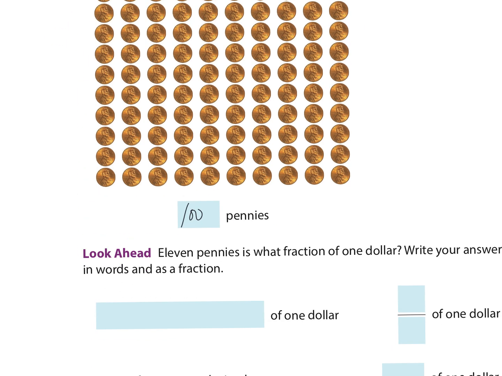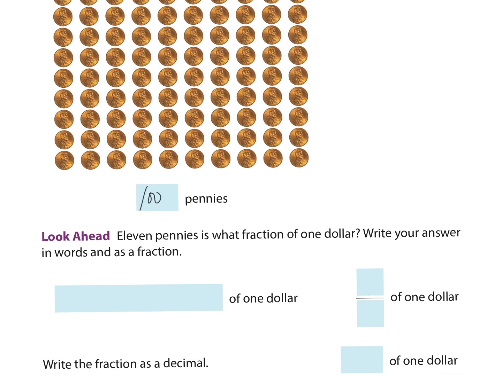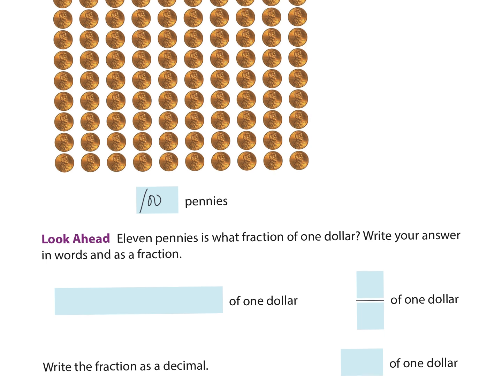And then it says 11 pennies would be what fraction of a dollar? Well, 11 pennies would be what fraction of a dollar? 11 over 100.